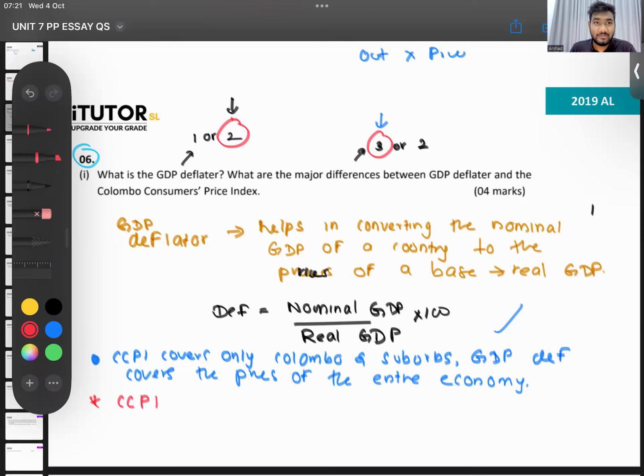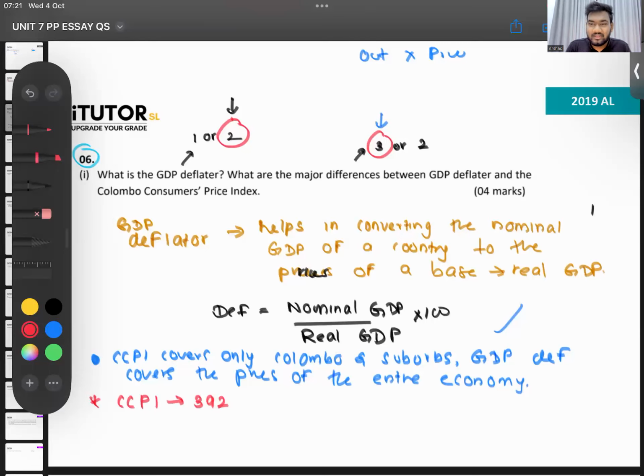Anyone who has that table? Colombo Consumer Price Index. What is the amount of goods in the basket that is there? Can you all do a check? I can't remember the exact number. If I'm not mistaken, 392. Okay. So Colombo Consumer Price Index, guys, covers only the prices of 392 goods. Now, just think, do you think in Colombo there are only 392 goods?